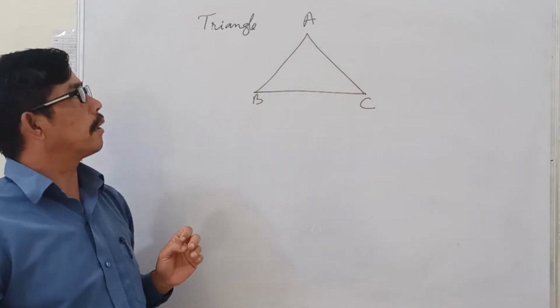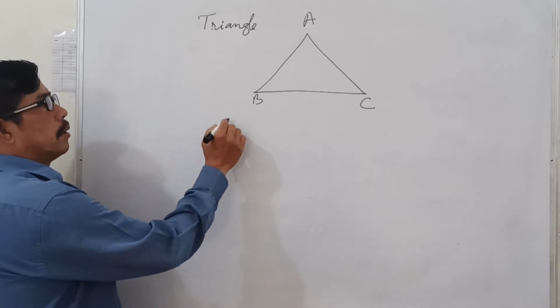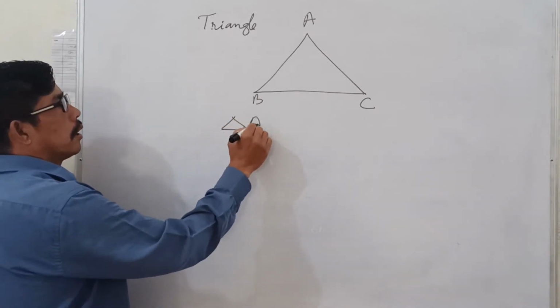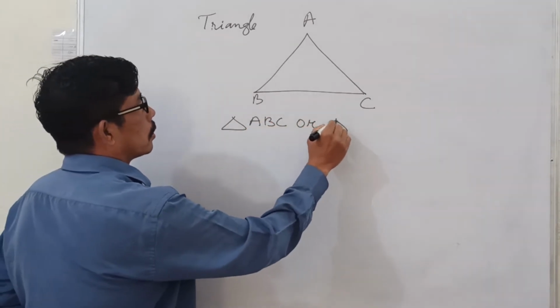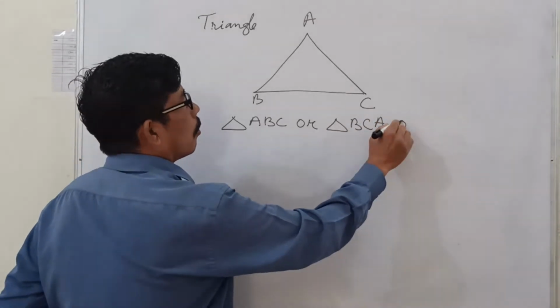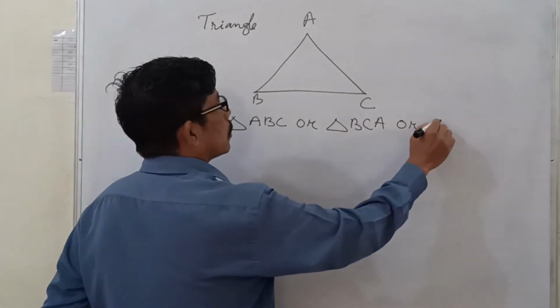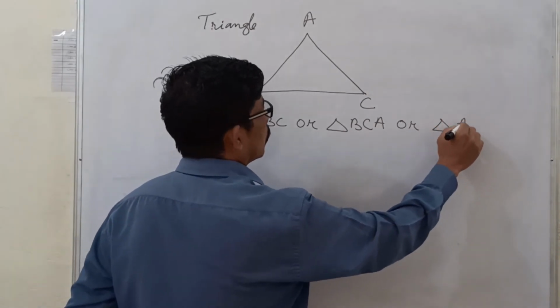So this is a triangle. And it can be named using the symbol triangle ABC, or triangle BCA, or triangle ACB.